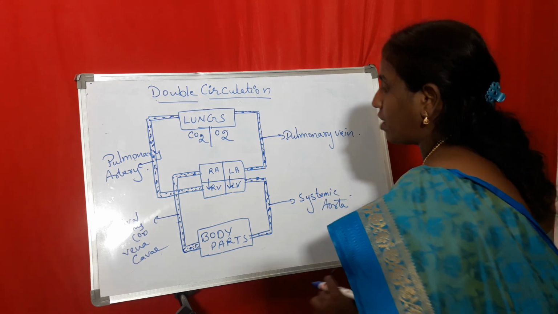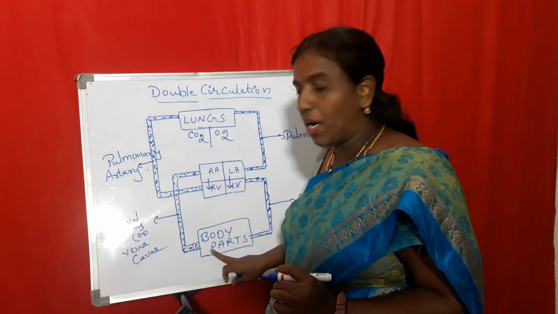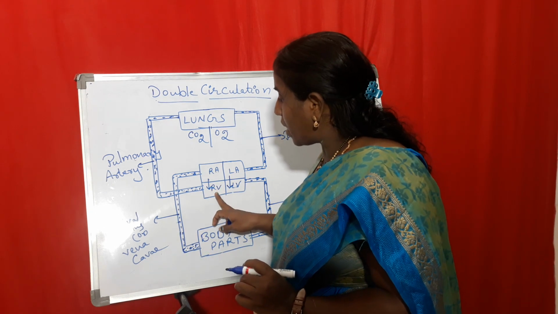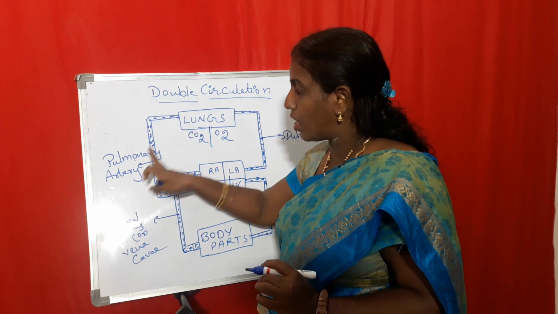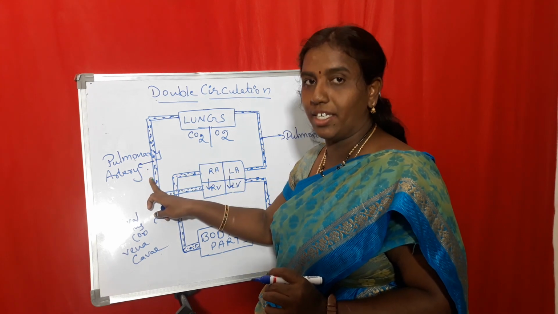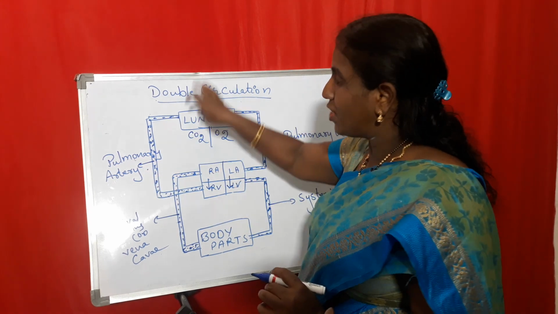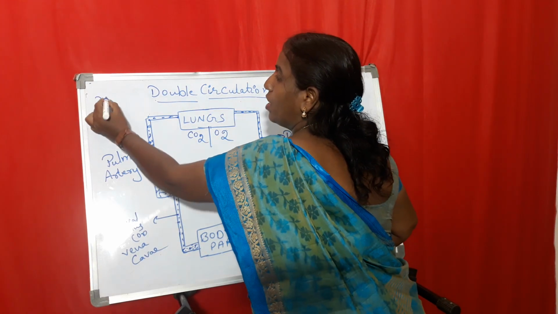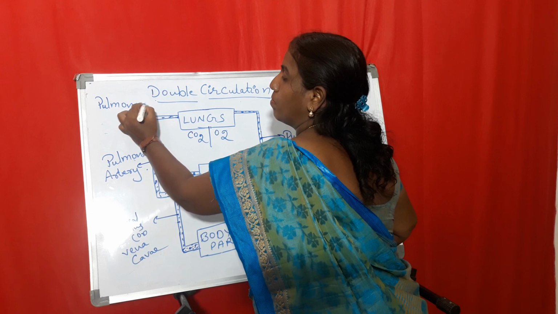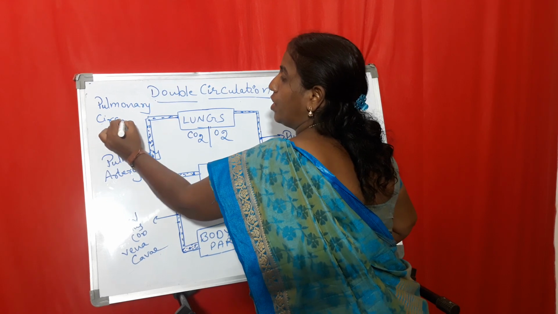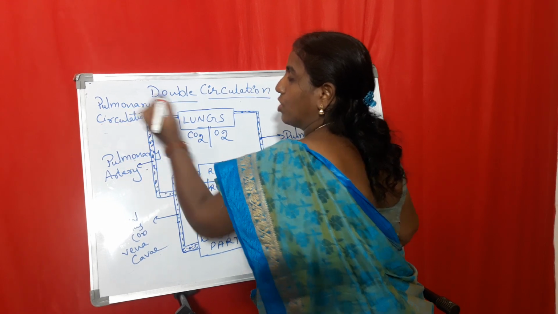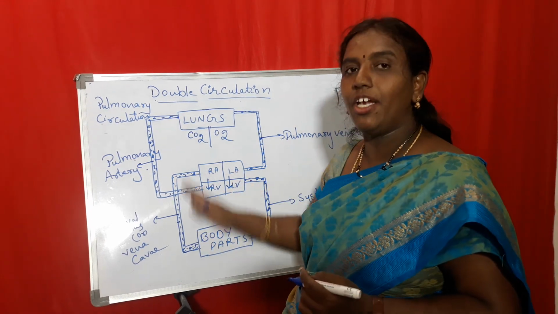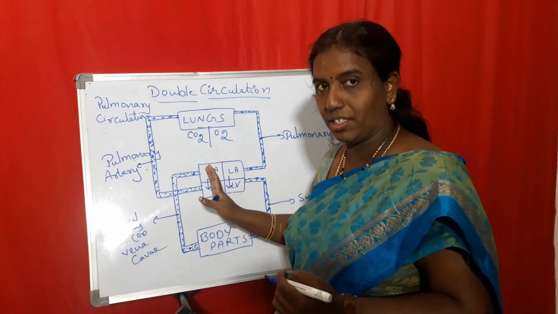Here we could see, children, from the body parts through caval veins to right auricle, whereas from right ventricle it is going to lungs through pulmonary artery. As blood is going to lungs, it is considered as pulmonary circulation. This pulmonary circulation describes the flow of deoxygenated blood.